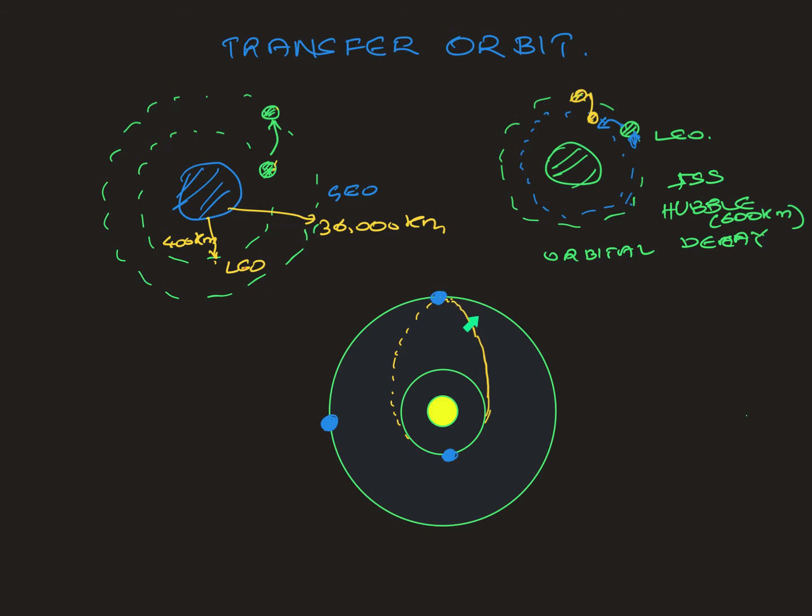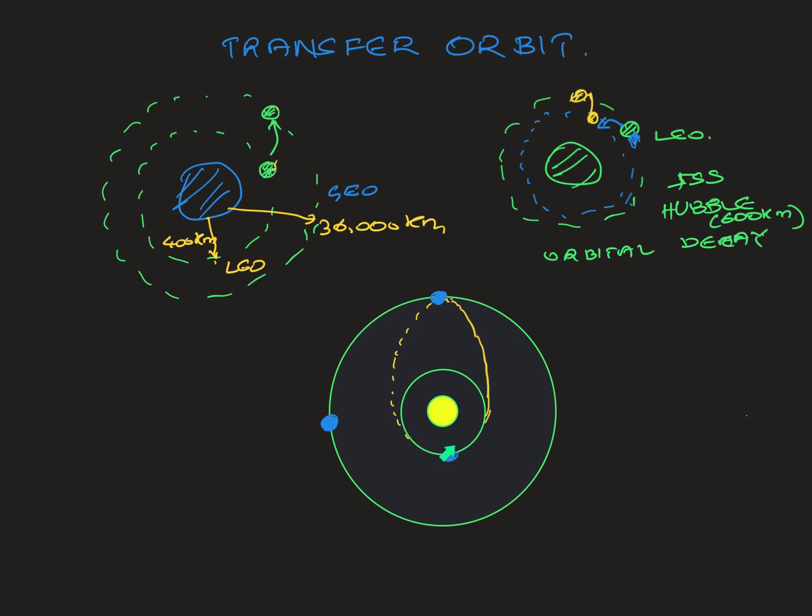So this is called the transfer orbit. Before we get it to the high orbit, we use a transfer orbit, which is an elliptical one, to get the satellite from here to here, and then we get it to this high orbit.